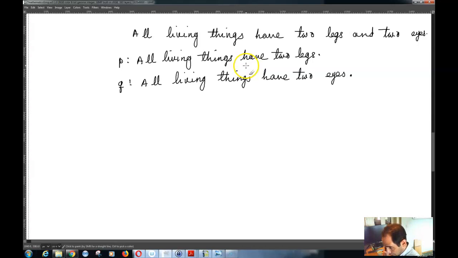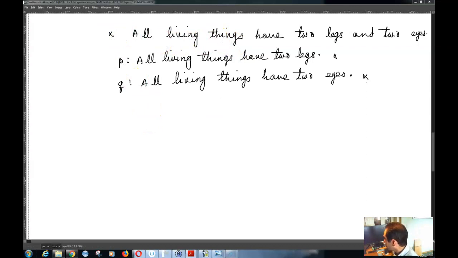If you look at living things, you can find at least one living thing that has no legs, so you cannot say that all living things have 2 legs. This is false. And there are some creatures that have only 1 eye, so that's also false.